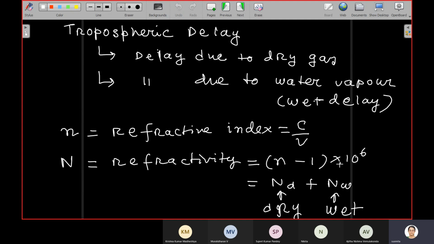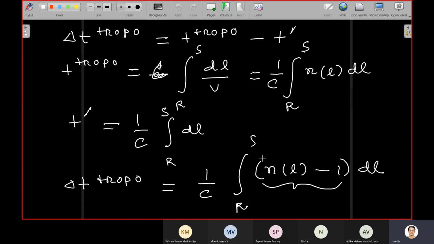We know that (n minus 1) times 10 to the power 6 is capital N, the refractivity. So n minus 1 would be N times 10 to the power minus 6. We'll replace this one.